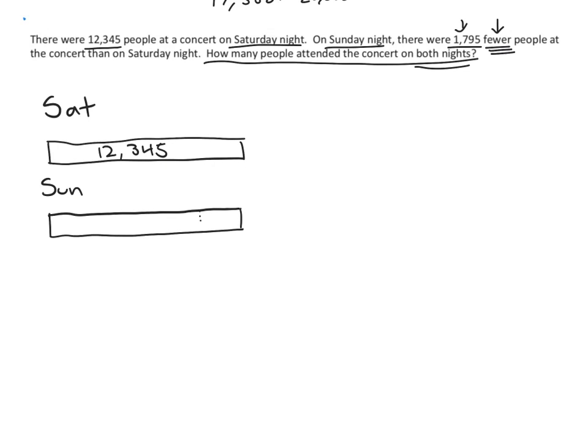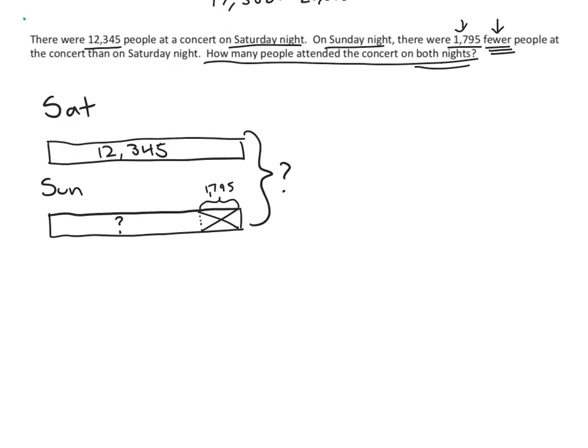But then I'm going to draw a little dashed line here and show that this is 1,795. So this is taken away from the total of Saturday. So I don't know how much is on Sunday. And I also don't know what was the total of the two together.